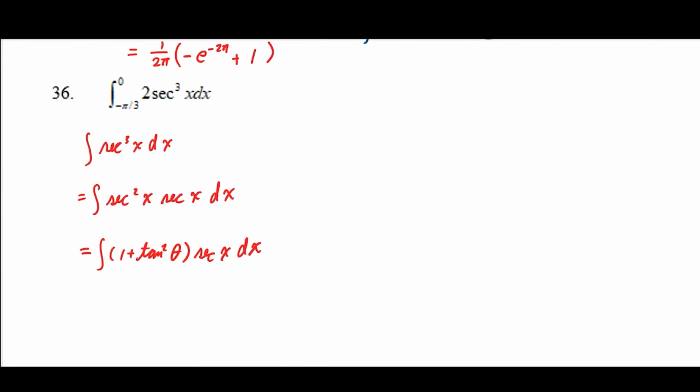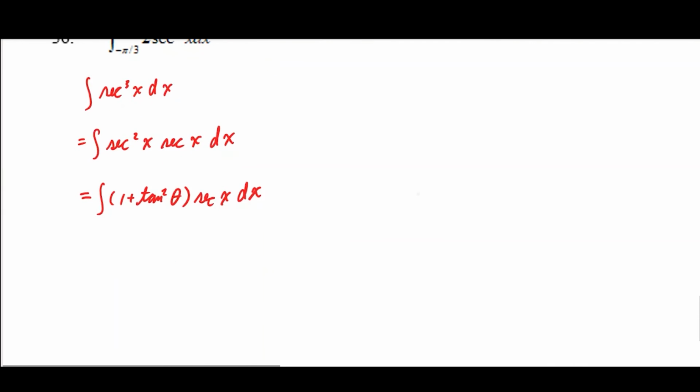So far, so good? Okay, then we have to separate this integral. There's no good way of doing it. So secant x dx plus this thingy of tangent squared. Did I put data here? My God, making so many mistakes today.